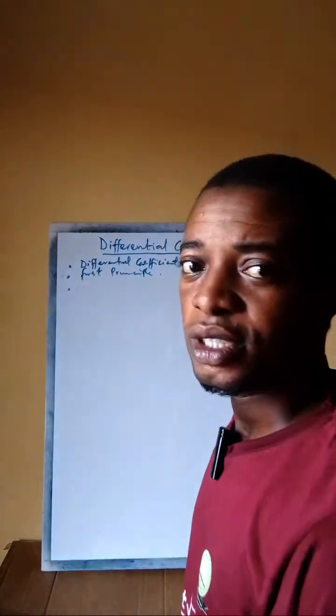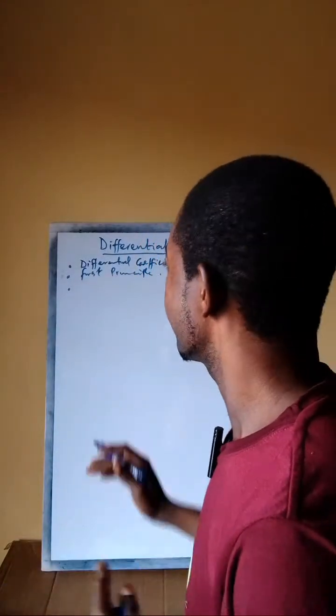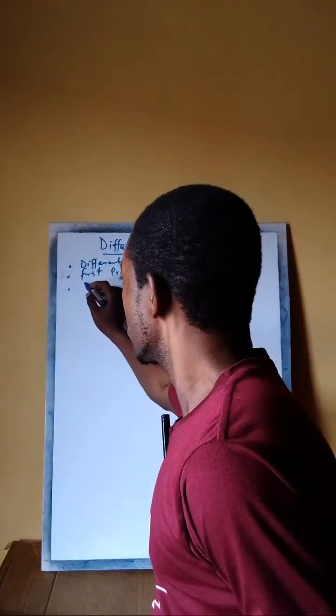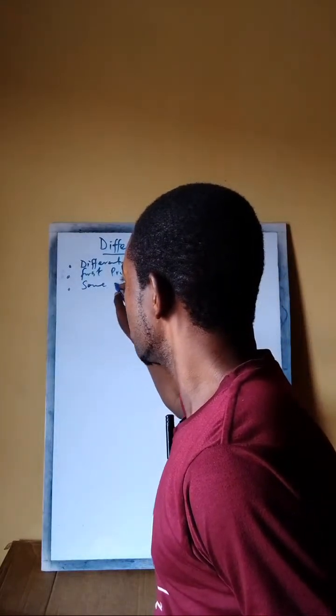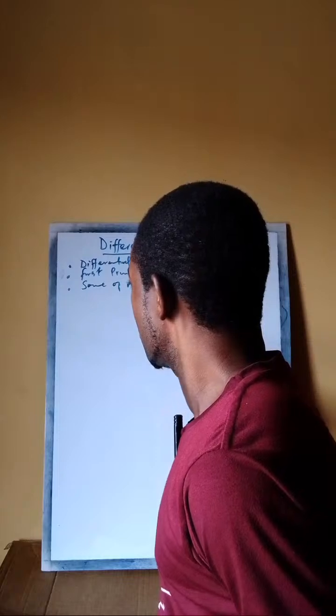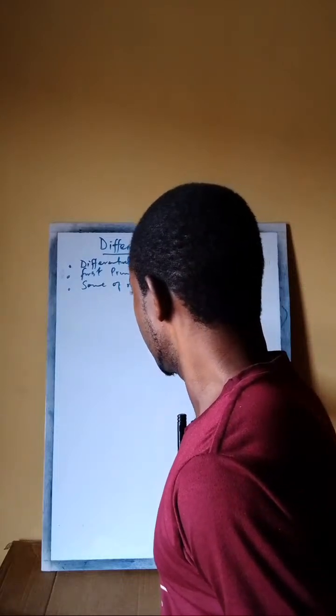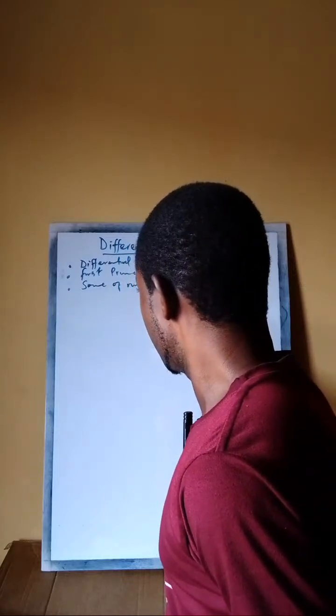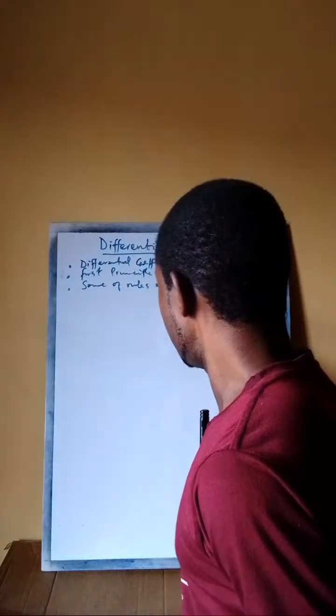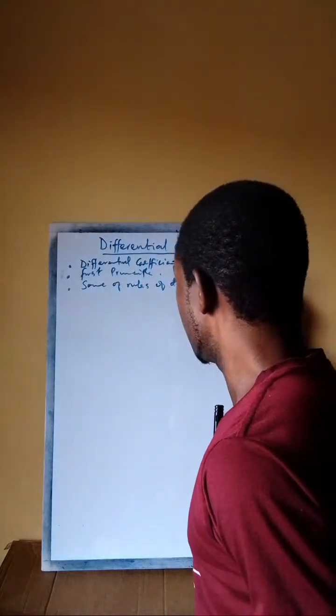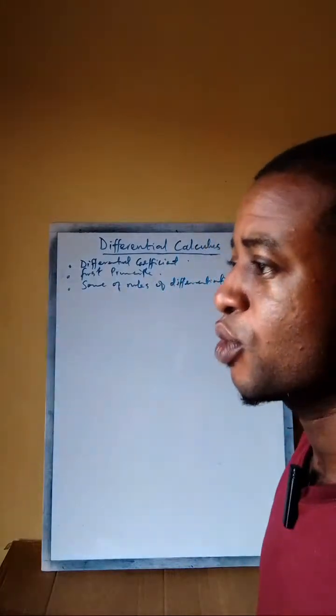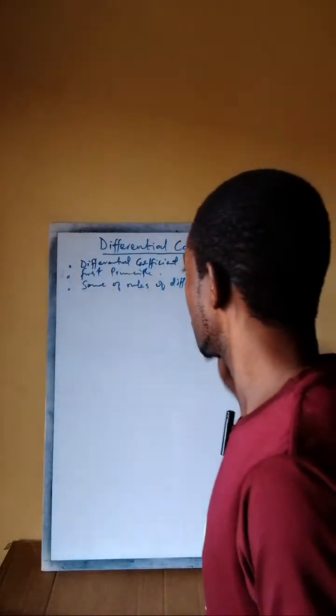Then also we looked at some rules of differentiation. And under this, we have some rules like the sum and product rules.